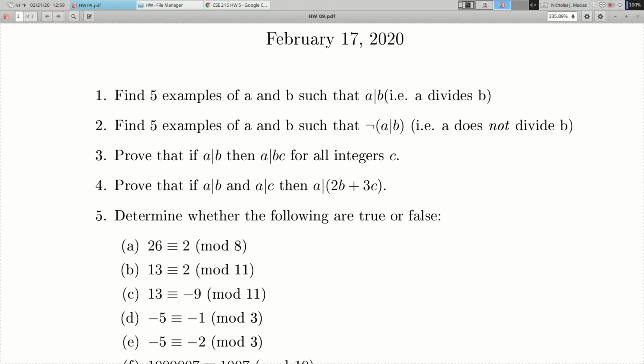Now we want to multiply C on both sides. Remember, we're trying to prove this.